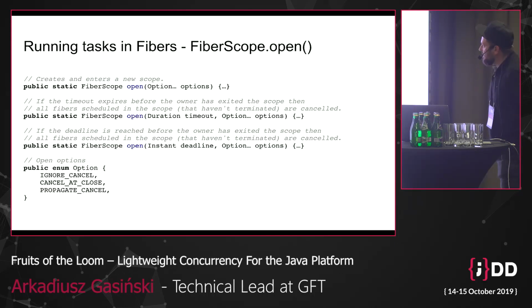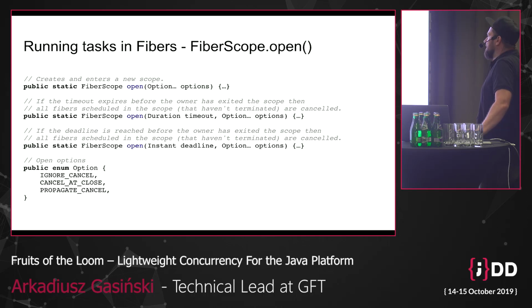So how do we run our tasks in fibers? We actually first need something that we call fiber scope, and this is a container for our fibers that are created with it, and it manages and tracks all the fibers that were created with that scope. So you have a container. You have some options to open that container.